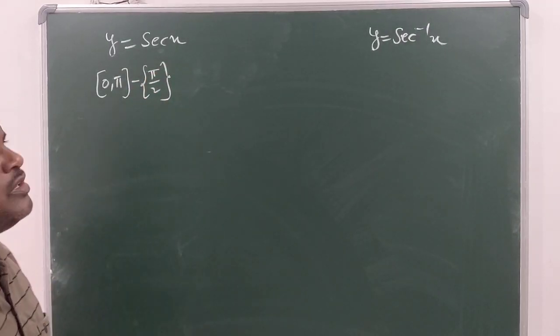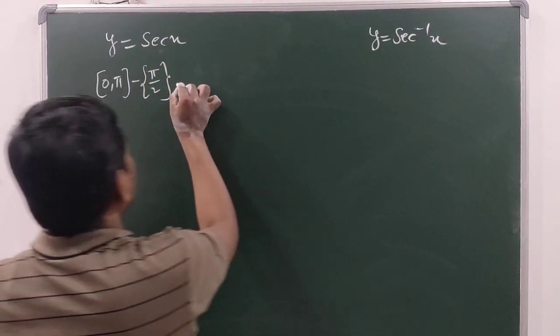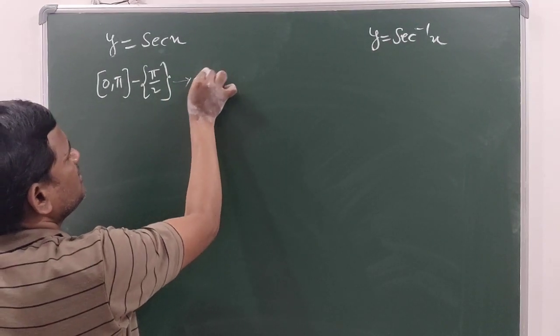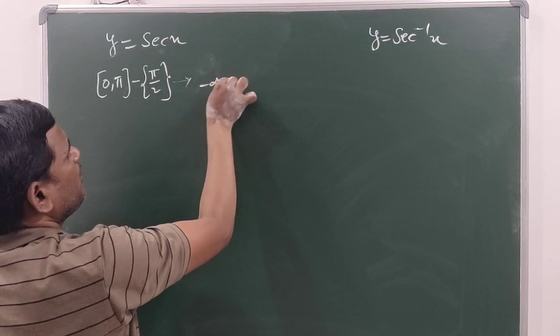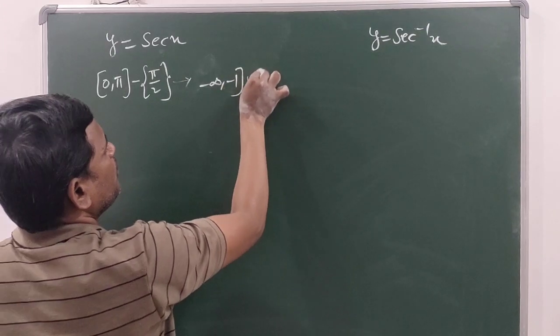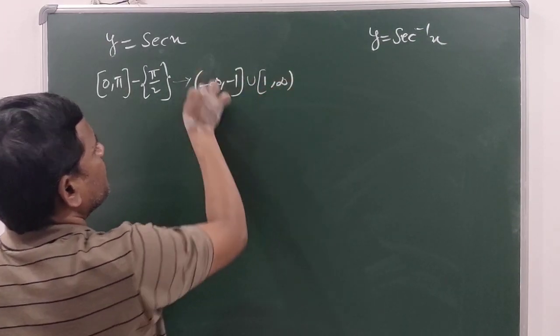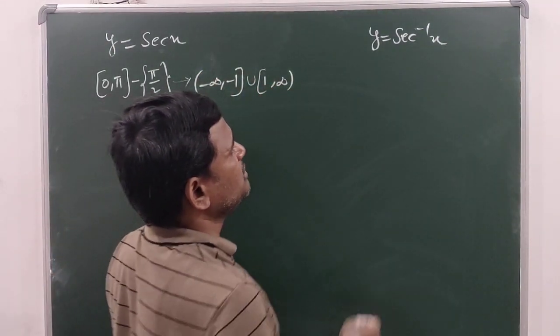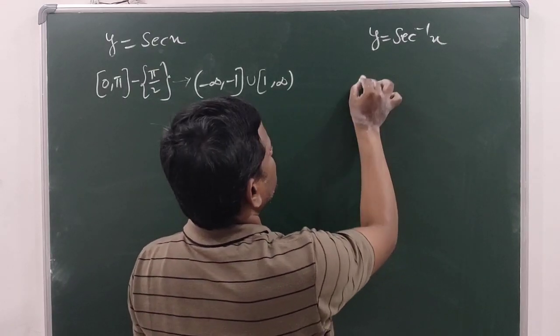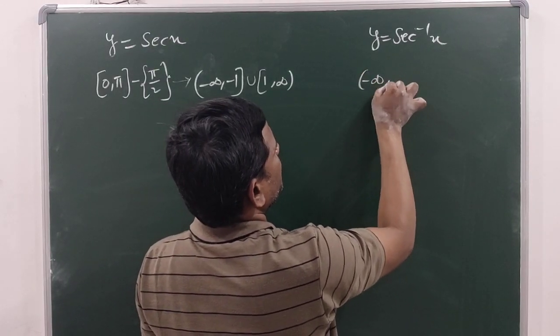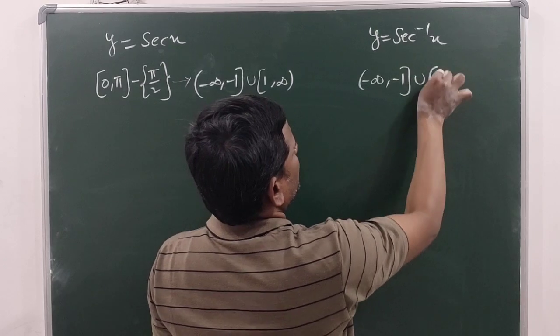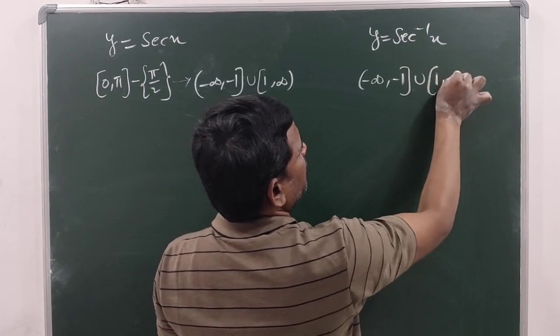Okay. So right, now let us go to its range. Range will be the same, minus infinity to minus 1, closed, union 1 to infinity. Now go to the secant inverse of x. Reverse. Domain is minus infinity to minus 1, closed, union 1 to infinity.